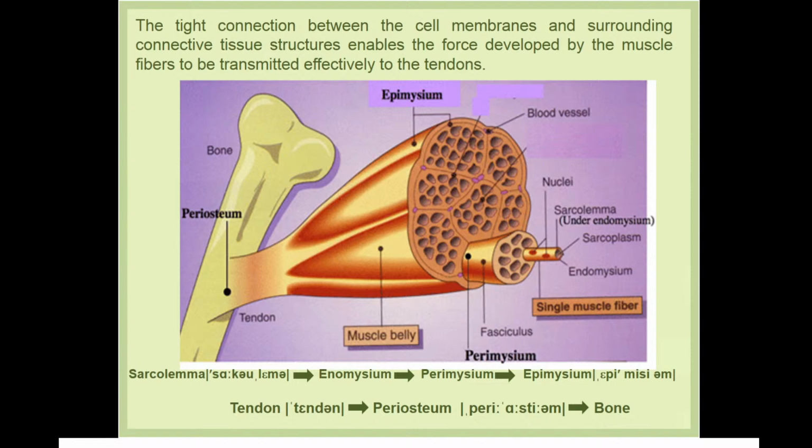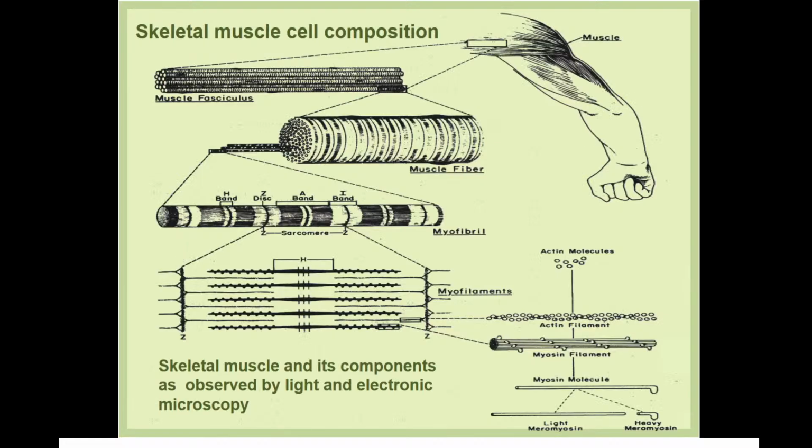So let's come back a little to the previous and look in more detail at the structure of the single skeletal muscle fiber. The individual skeletal muscle fiber is divided into myofibrils by a tubular network called sarcoplasmic reticulum. The myofibrils are approximately 1 micrometer in diameter and extend from one end of the muscle fiber to the other.